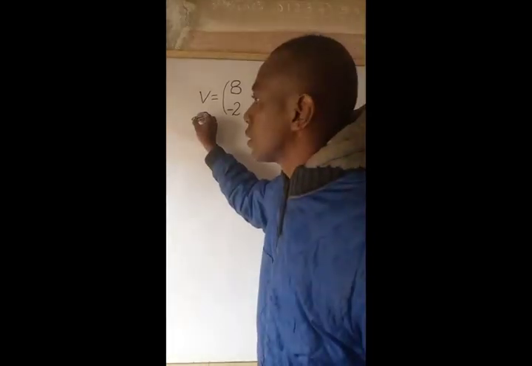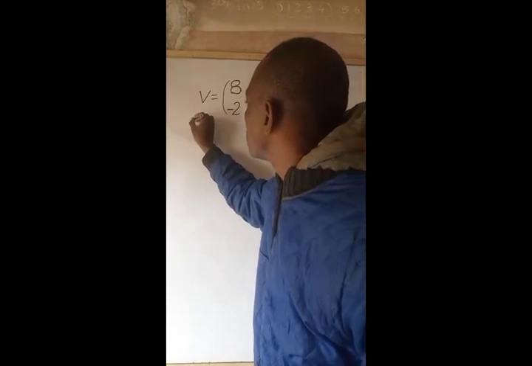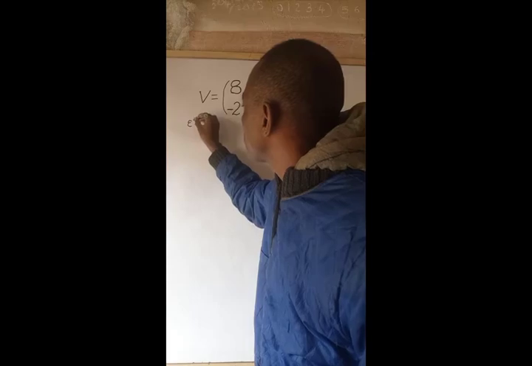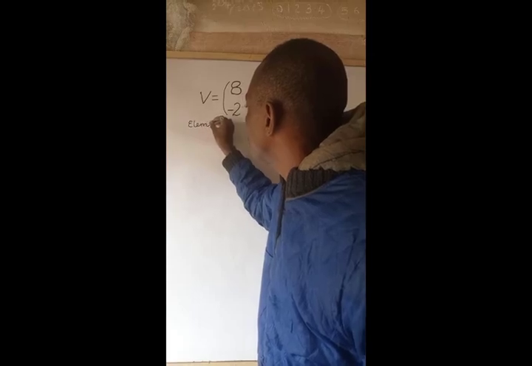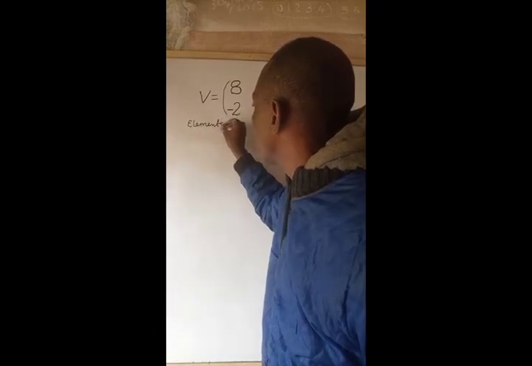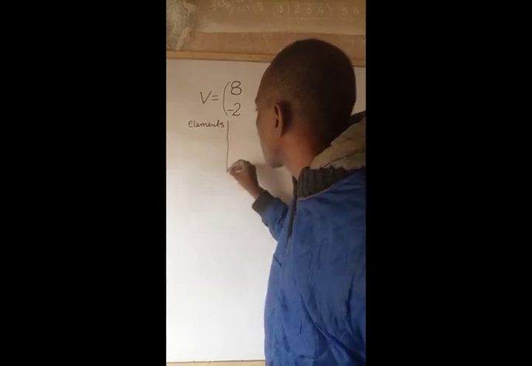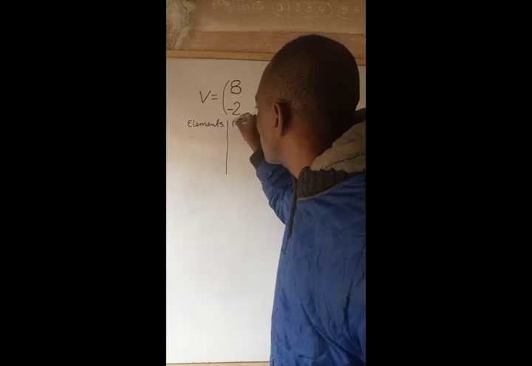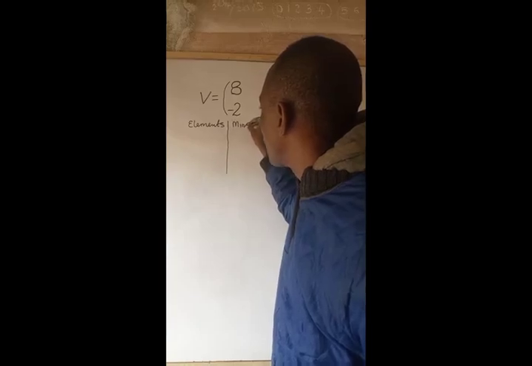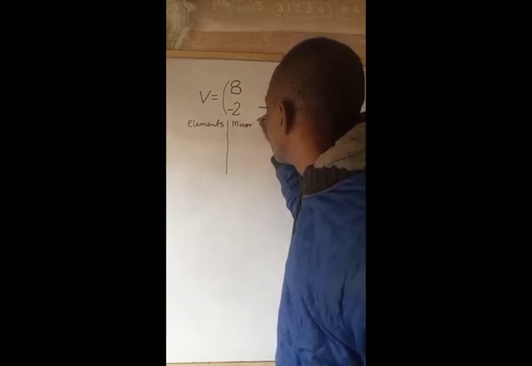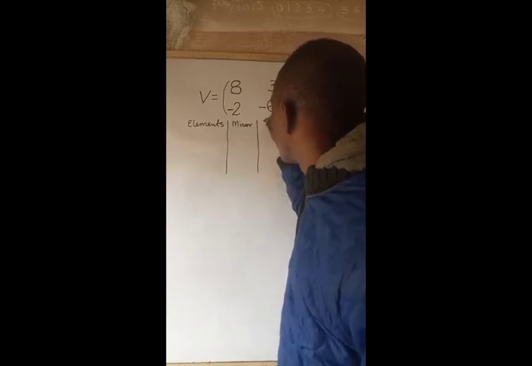I can create columns. The first column is for the elements that we have in the matrix, while the second column is for the minor, and the third will be for the cofactor.